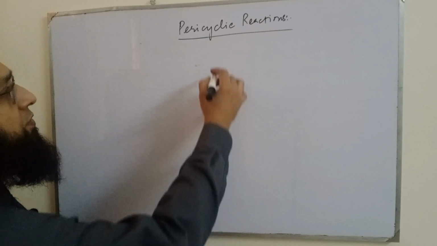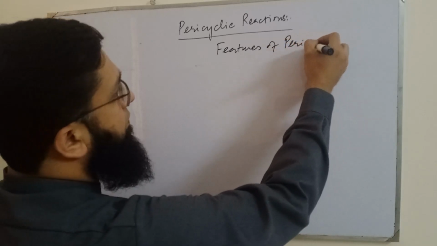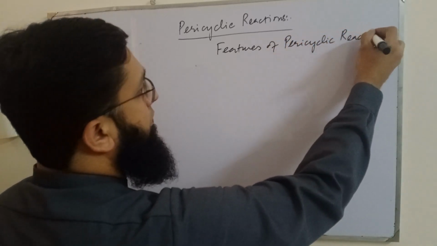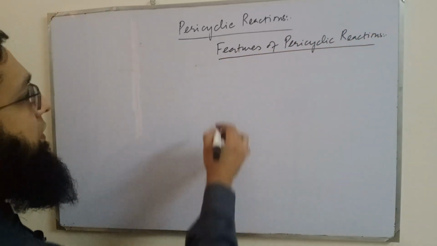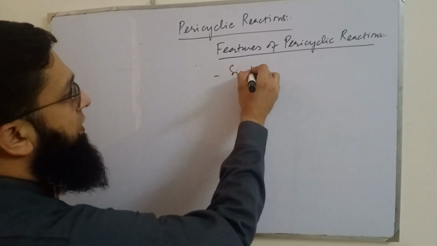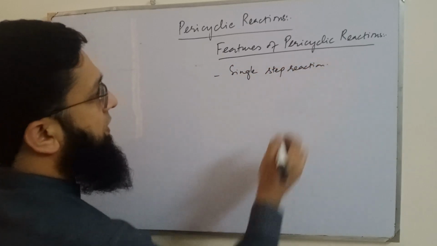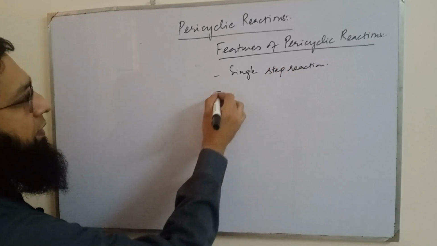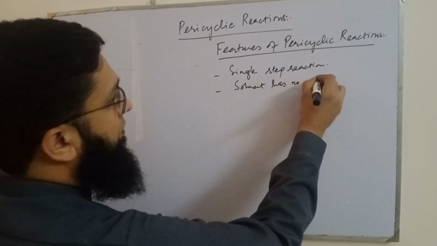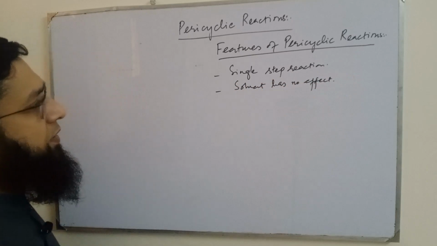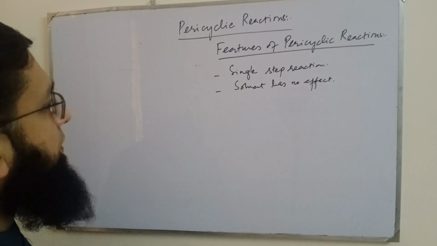Okay, now we see the features of pericyclic reactions. The first feature is that they are single step reactions. The reaction takes place in a single step, and in general solvent has no effect, because they do not involve the formation of ionic or radical intermediates.